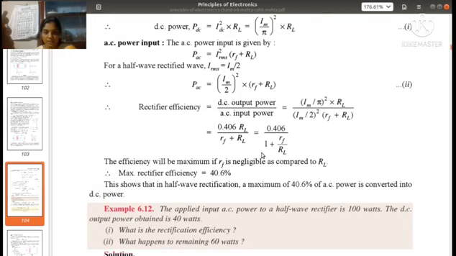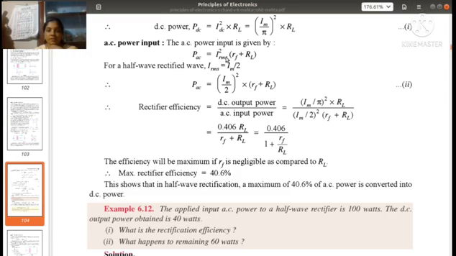Now we need to calculate the AC power input. The AC power input can be given by I RMS square into Rf plus RL. That is, power has a general formula as I square R. Here I is the root mean square value of the current, because we have AC current at the input.